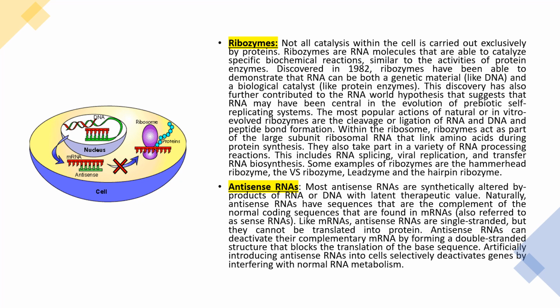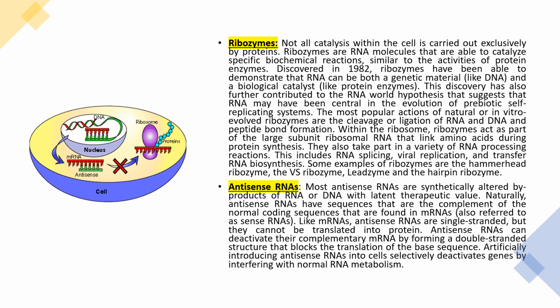The most popular actions of natural or in vitro-evolved ribozymes are the cleavage or ligation of RNA and DNA and peptide bond formation. Within the ribosome, ribozymes act as part of the large subunit ribosomal RNA that links amino acids during protein synthesis.